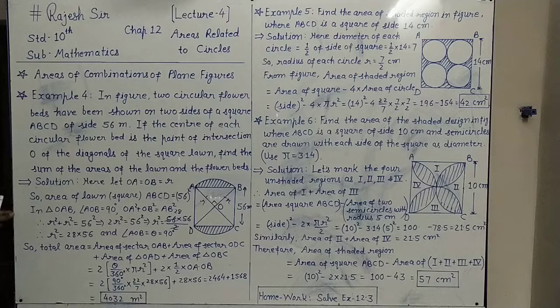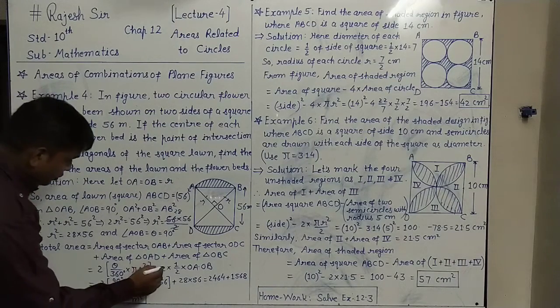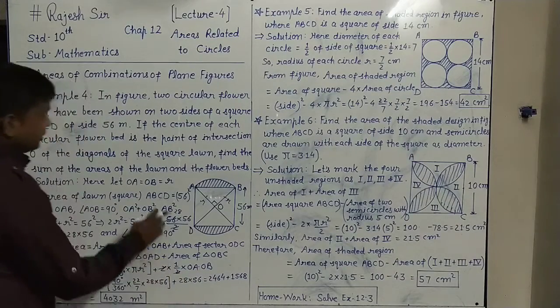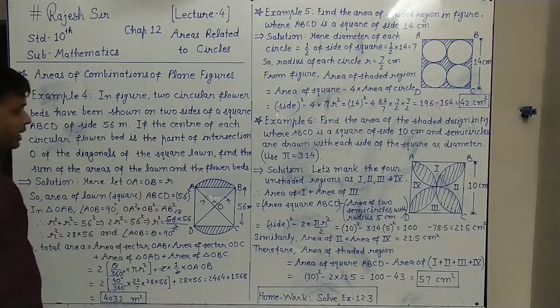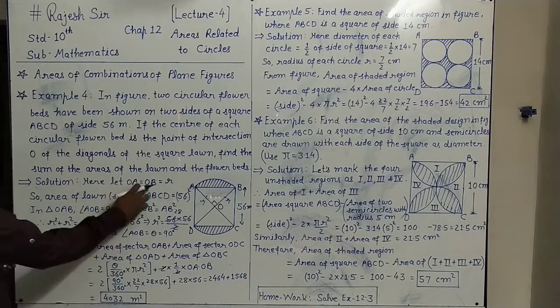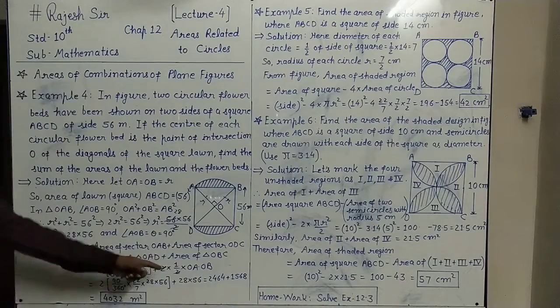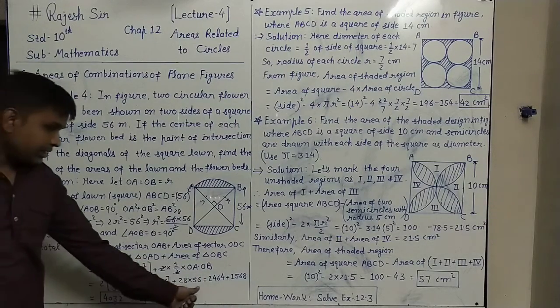Now 2 as outside, this is theta 90 upon 360 into pi is 22 upon 7 into r square, which we have found here as 28 into 56, plus this. 2 cancels, up and down. OA into OB is actually the r square, r into r is r square, and the r square value again is 28 into 56, that we have placed.